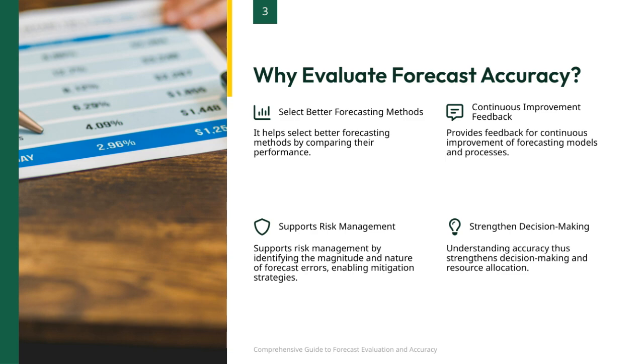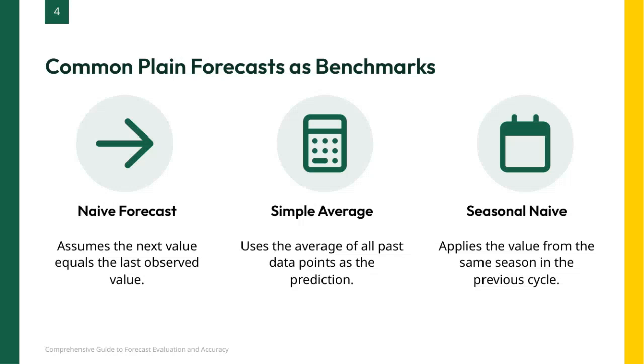By identifying the size and type of forecast errors, we can develop strategies to reduce potential negative impacts. Finally, having a clear understanding of forecast accuracy strengthens our decision making and helps us allocate resources more effectively, leading to better outcomes overall.